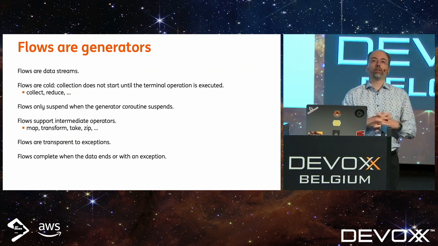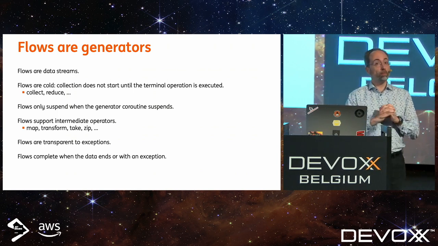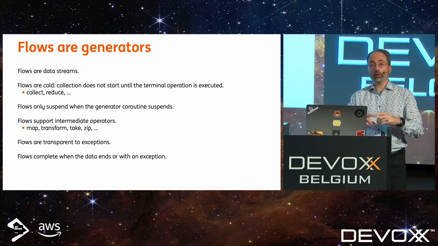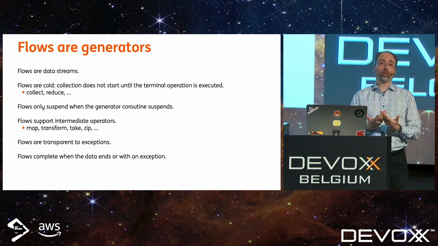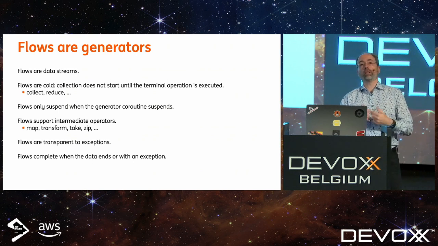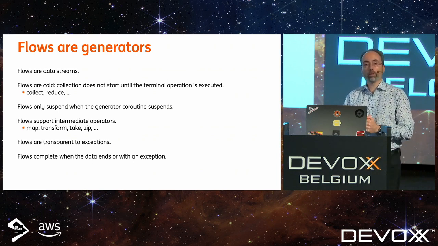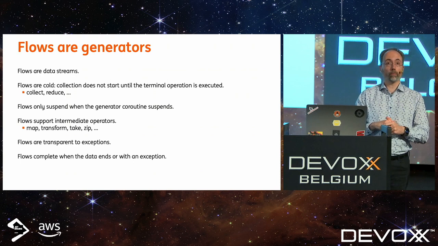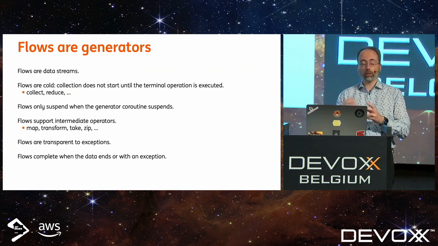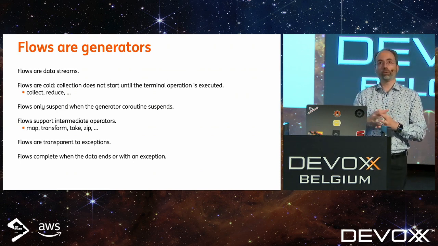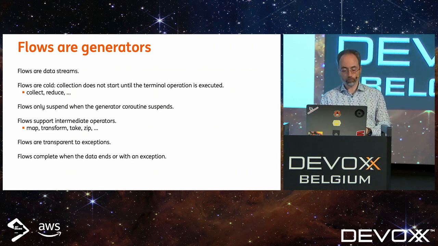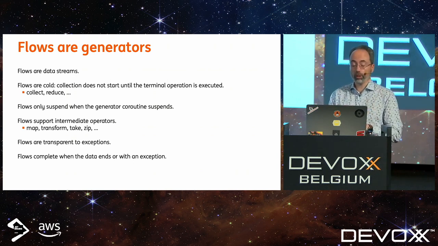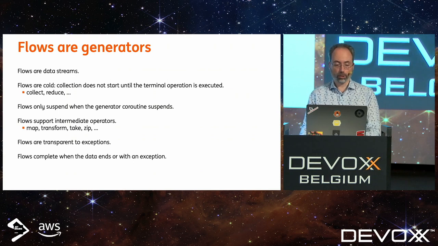And they are transparent to exceptions, meaning that if the generator or any of the mapping functions throws an exception, then that exception is propagated throughout the call stack to the initial caller. And they complete, of course, when the data ends or with an exception.